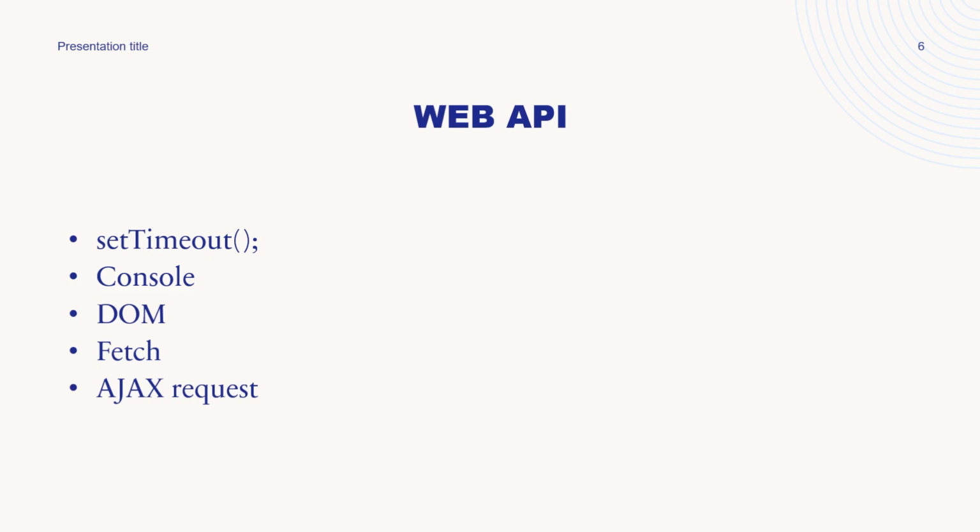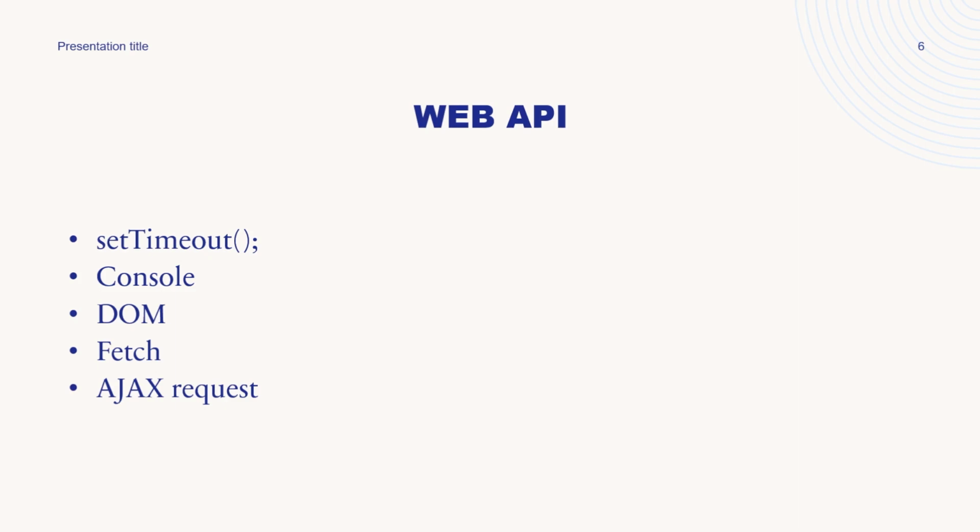So what is this timeout? The setTimeout method is a web API provided by the browsers. Every browser provides setTimeout to the JavaScript engine. It allows developers to execute a piece of code after a specific delay.